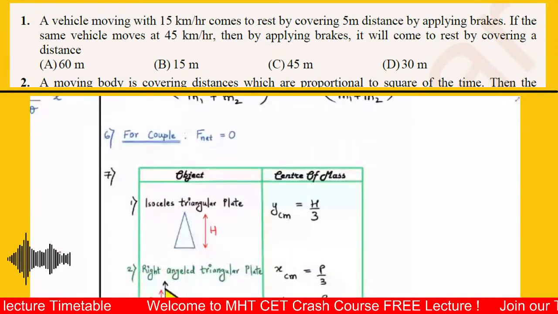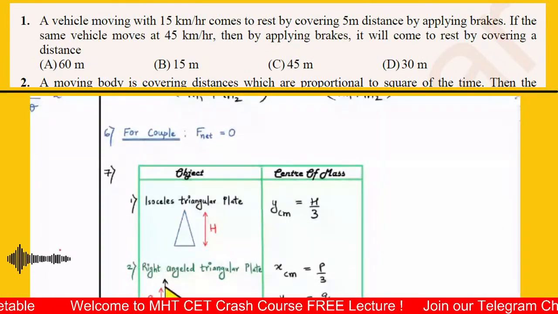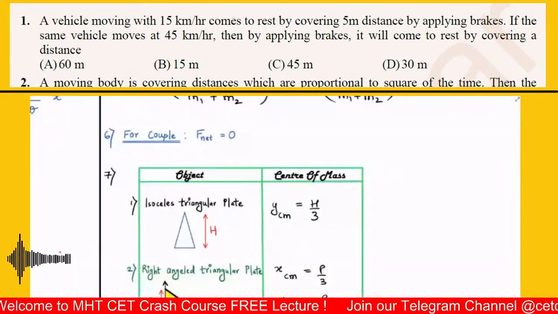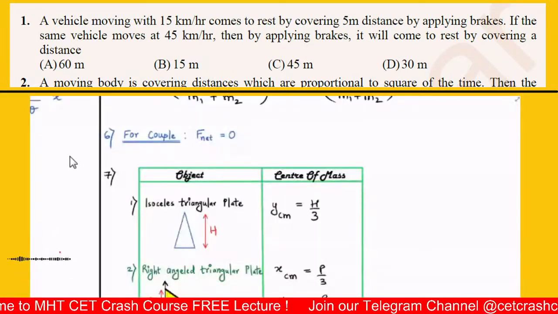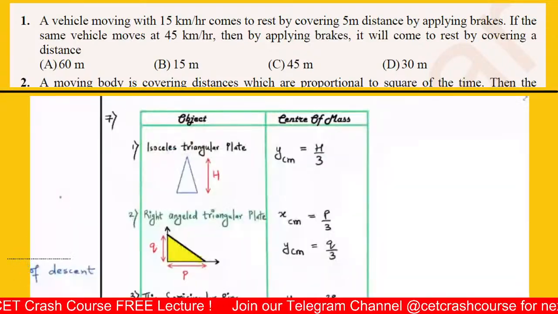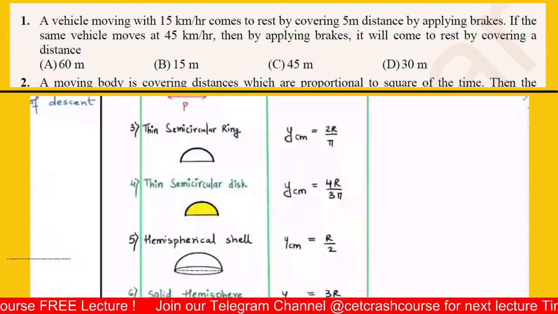Remember students, whenever a couple is acting on an object, the net force will always be 0. And here I have written the center of mass formulas for a few standard objects.